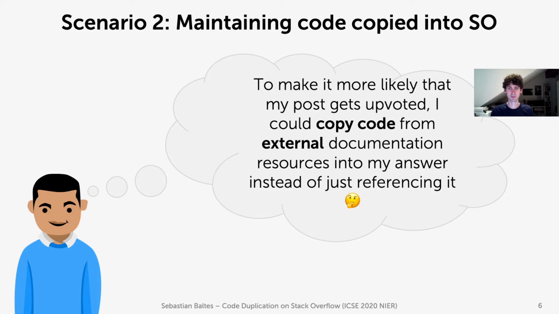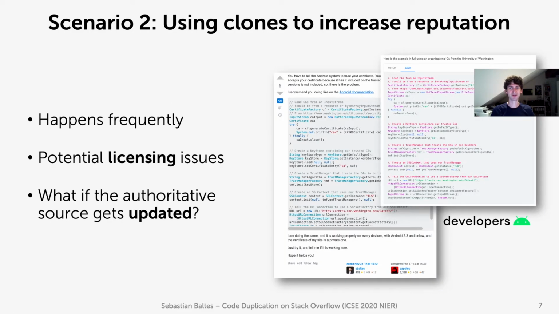And the alternative here would be to just reference an external source, summarize what the source is about, and then reference it as it's recommended in Stack Overflow's guidelines. And also, this is not just a hypothetical scenario, it actually happens quite frequently.